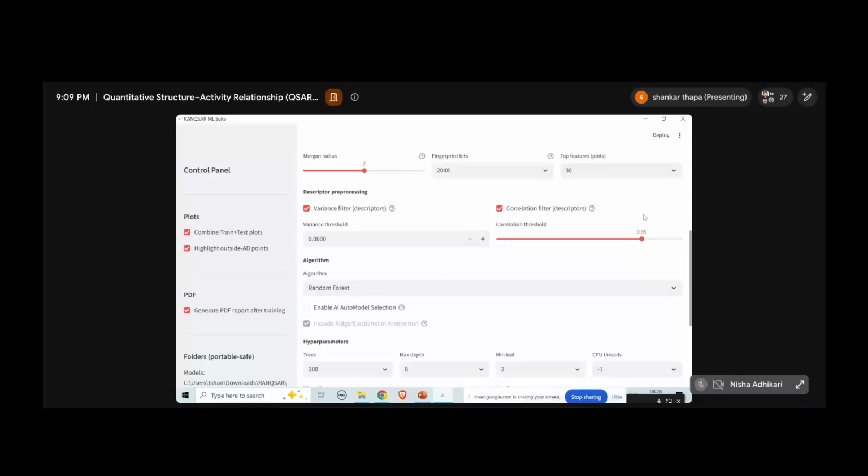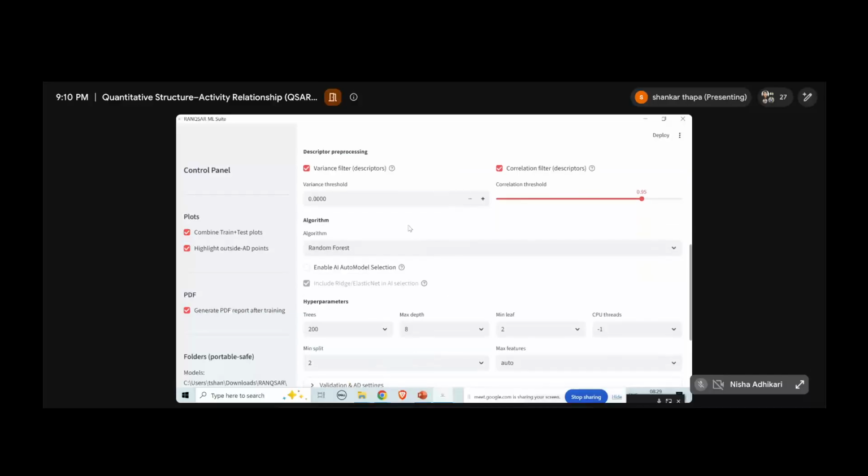That means if the correlation between two descriptors is more than 95%, it will automatically remove those descriptors from the analysis. That means the chances of correlation will be reduced, and your model will be a good fit. It's a goodness of fit type of thing in statistical terms, right? So it should be 0.95. Yes, it's the standard as per the OECD guideline.